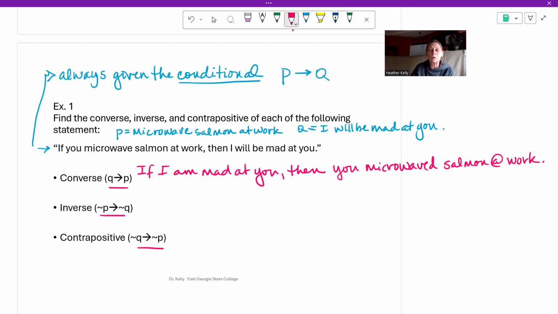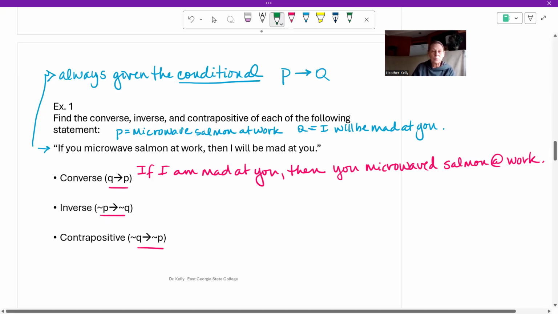Okay, see how that works? We just took the same words that were given to you and you just flip them around in the correct order. The inverse says not P, then not Q.